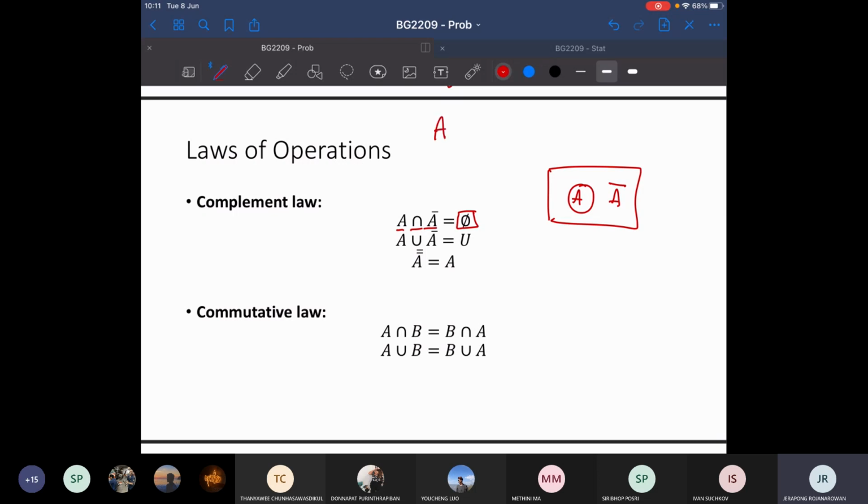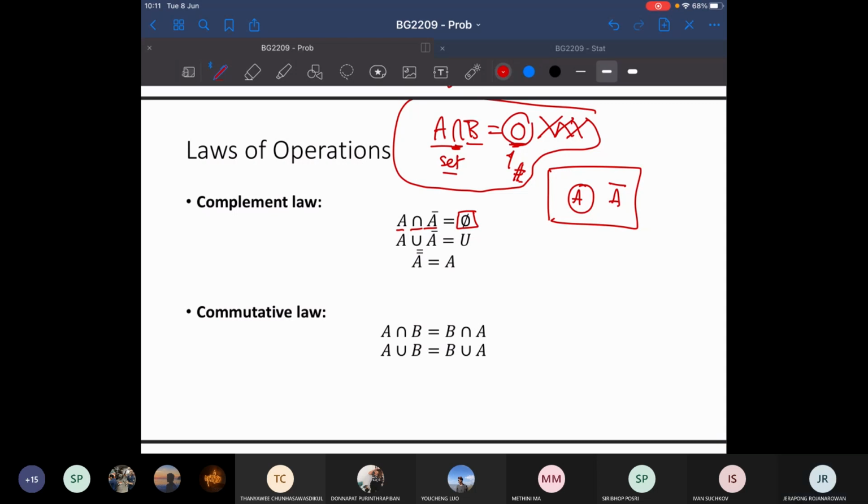Once again, A intersect B cannot be 0, because this is a set, this is the operator, and this is a number. A set cannot be equal to a number. That's totally wrong for me. If you write it like this, you will lose points, because this is a number, not a set. It's like saying an airplane equals a bicycle. They are different things, different classes, you can't compare them.